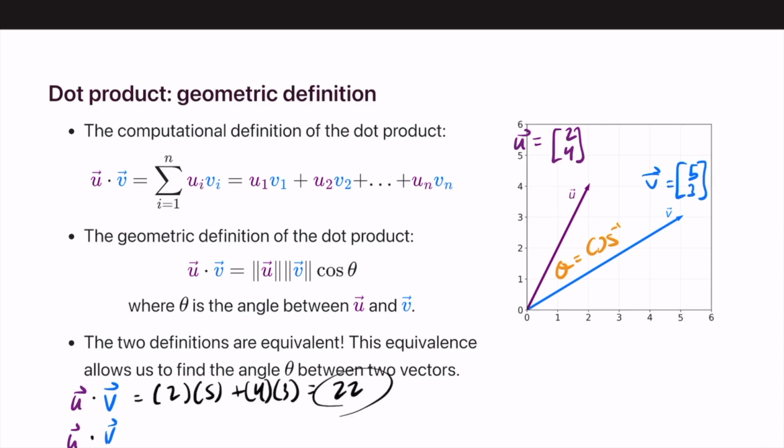And then for the geometric definition, we take the length of vector u and vector v times cosine.